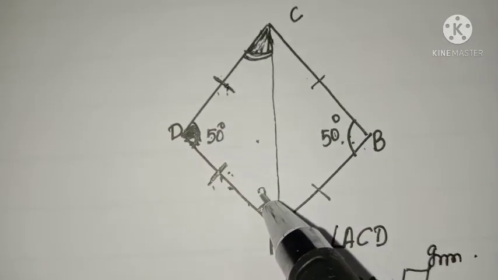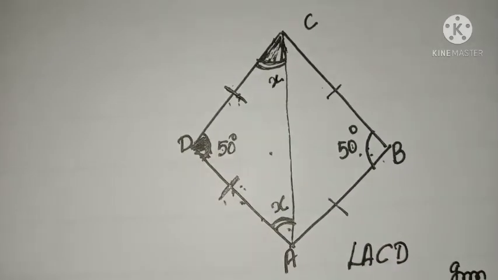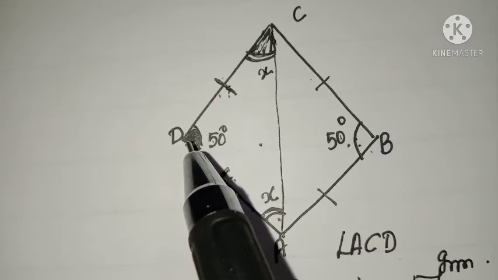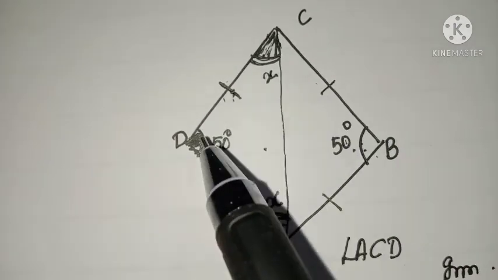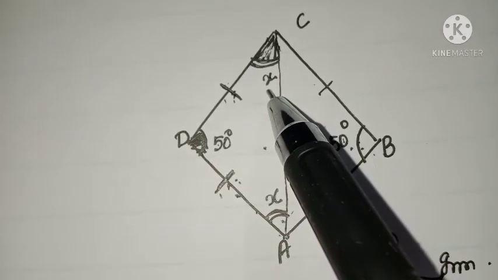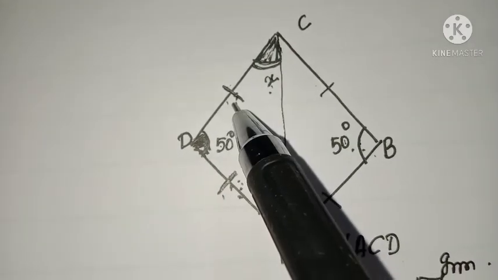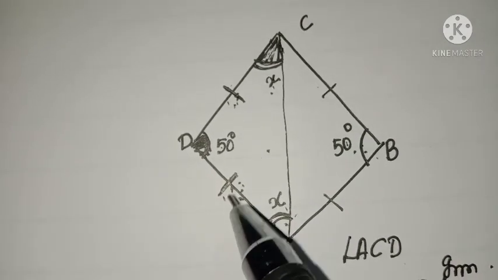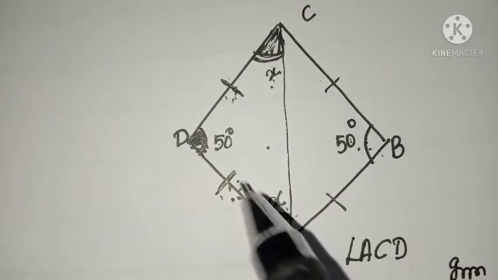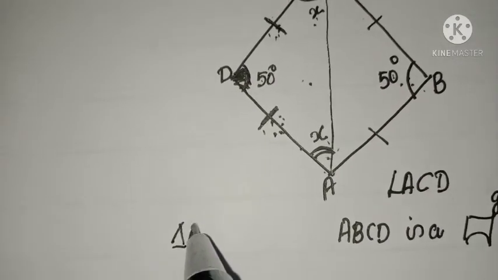So if this angle is x, then definitely this angle is also equal to x. Angle DAC and angle DCA both are equal because these two are angles opposite to equal sides. Now apply angle sum property in this triangle ADC.